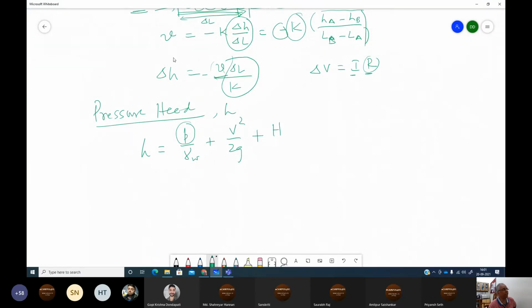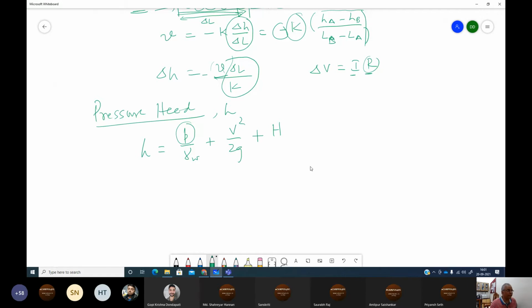This hydraulic gradient is causing this flow, this velocity here. This is what Darcy proved a long time ago, and this is still valid.